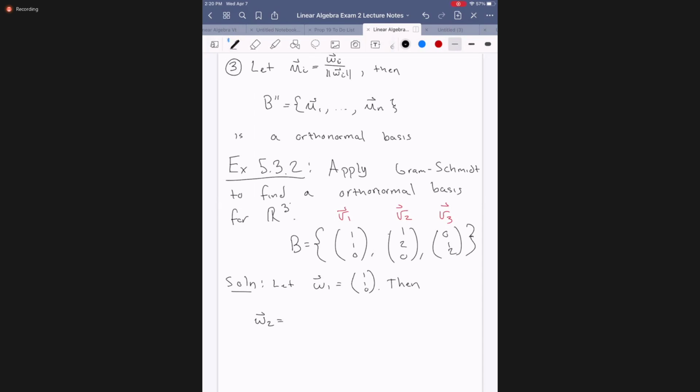Well, it's going to be V2 minus the projection of V2 onto W1, right? Okay, so (1, 2, 0) minus the projection, which is the inner product of V2 with W1 over the norm of W1 times W1, right? So what's the inner product in Rn?